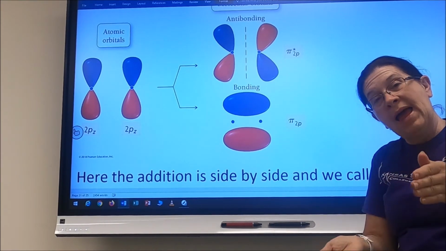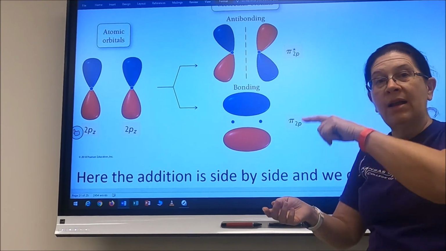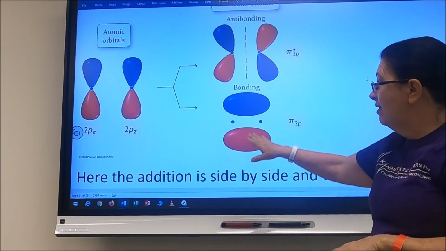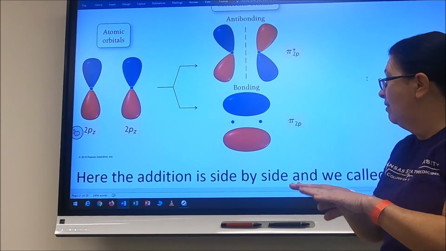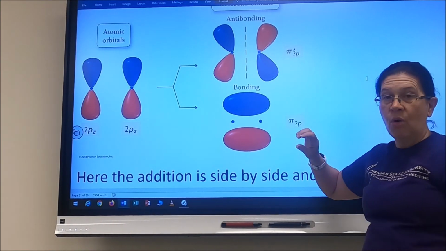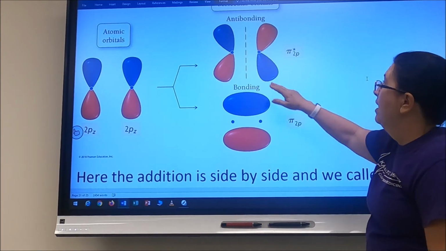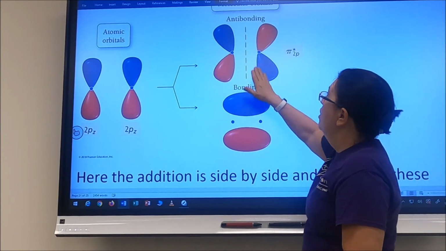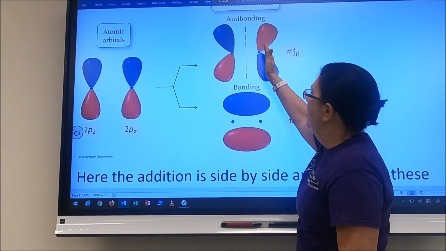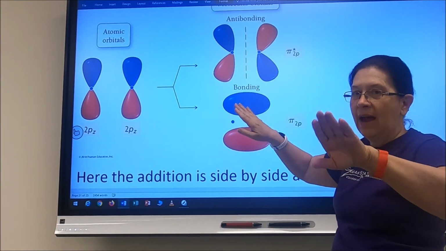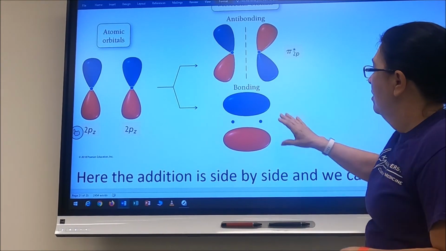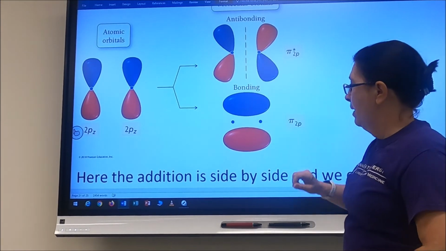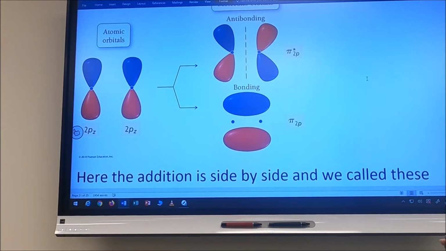Just like we use pi in valence bond theory to be that bond that was side-by-side p's, here again, side-by-side p's. We get a pi molecular orbital bonding version. And if they are doing the opposites, so they add together destructively, we get a dead zone. I always thought about this as looking like halves of a butterfly. But anti-bonding, bonding. The addition of side-to-side y orbitals is just like adding side-to-side z orbitals.